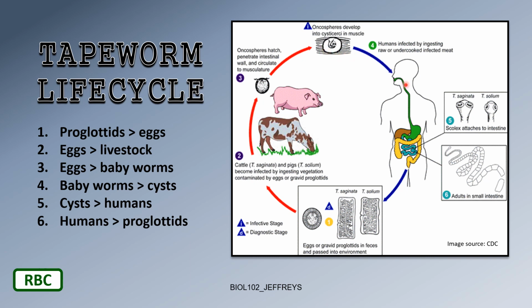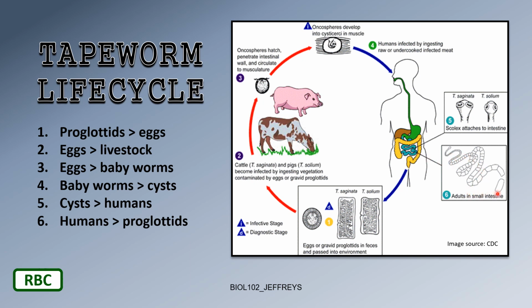Now, humans come along by eating either the raw meat or the undercooked meat, right? And so we're eating those little larval worms, and those larval worms can grow into adult tapeworms with their little scolices, and they attach to your small intestine, and they grow many meters long.